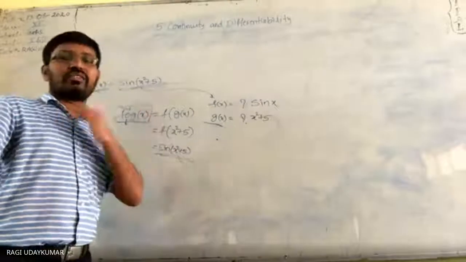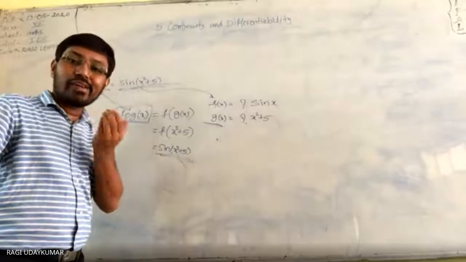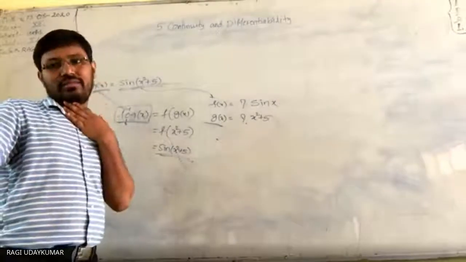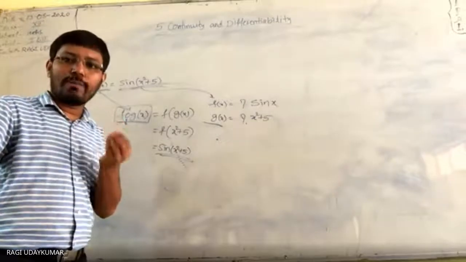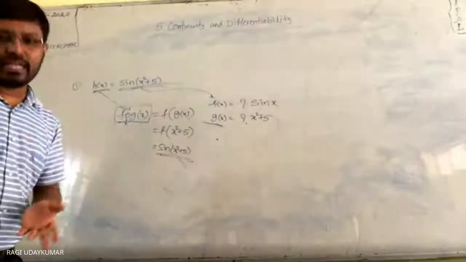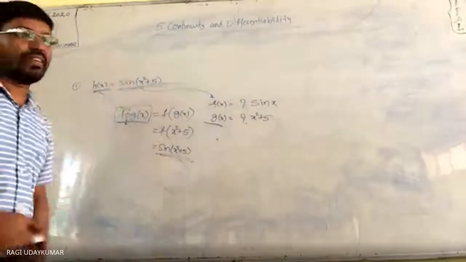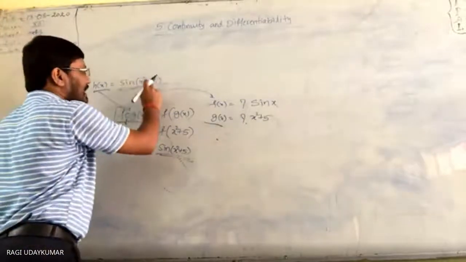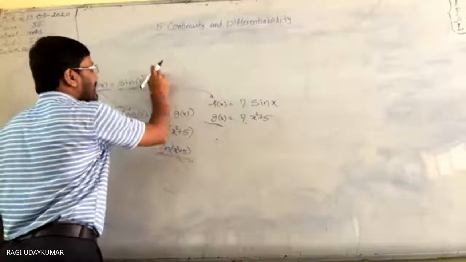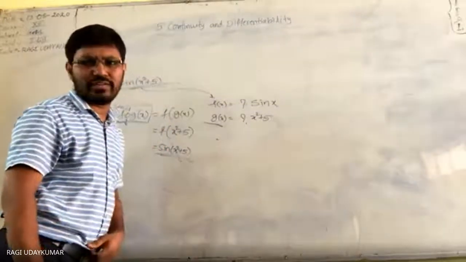And to do these types of functions, this is called the derivative of the composite function. To do this, there are two methods. The easiest method, let us go in. Suppose h of x is given like this. This should be taken as t, or some other variable, whatever it may be, that's your wish.